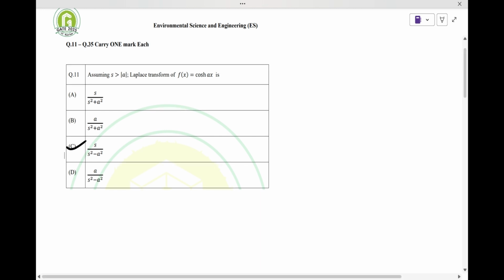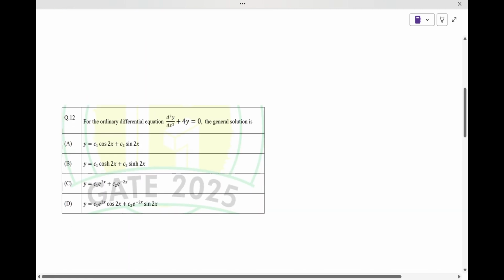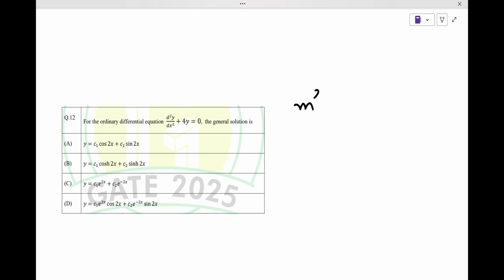The next question is for the ordinary differential equation d square y by dx square plus 4y equals 0. We have to find the general solution. So here, we can write this differential equation as m square plus 4 equals 0. That is your auxiliary equation. So m square equals minus 4, or m equals plus minus 2 iota.